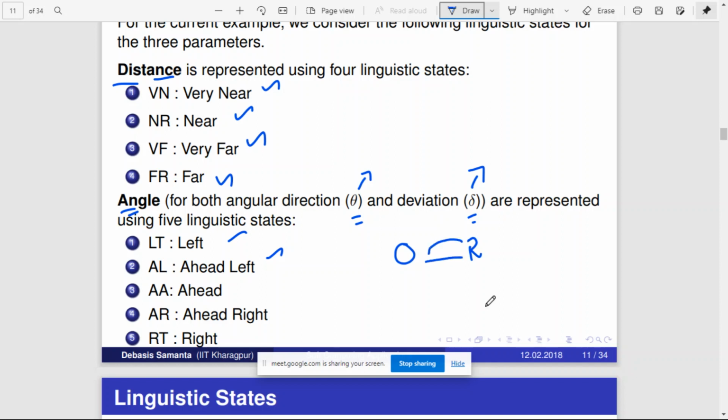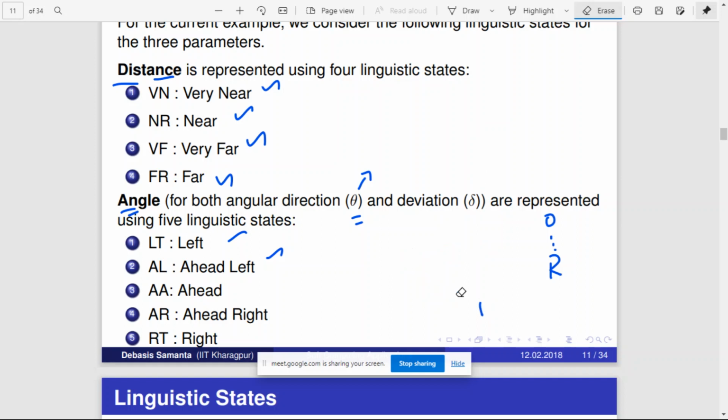Ahead left means the robot is here, the object is here. Ahead means straight: the robot is here, the object is here, then it is ahead. Similarly ahead right and right. So these are the 5 linguistic states which we use to represent the angle.